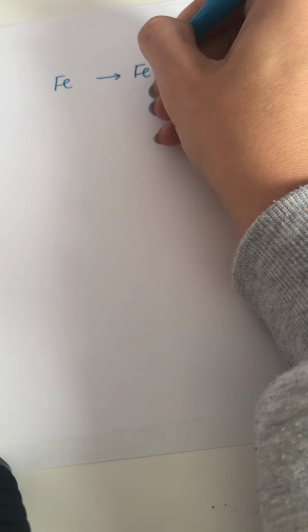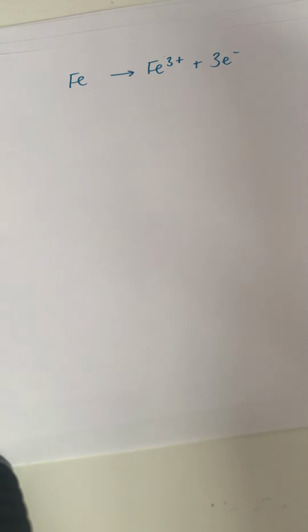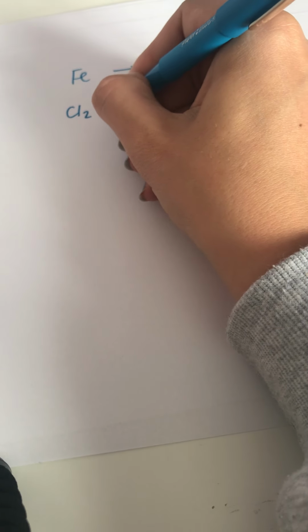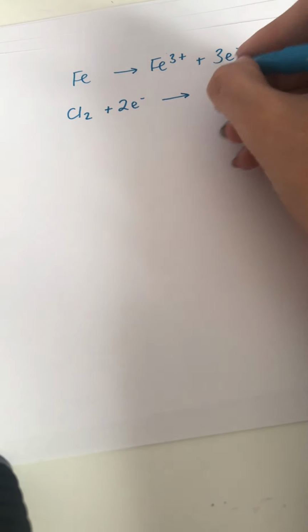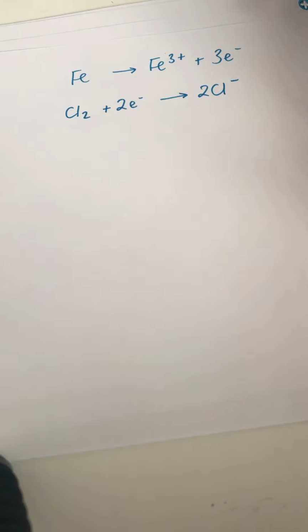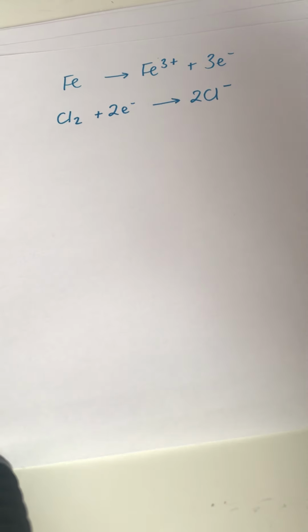If I was to take the half equation for the oxidation of iron into iron 3+, and I'm going to combine that with the reduction of chlorine to make chloride ions.